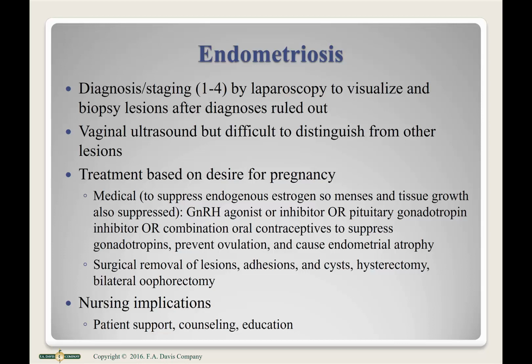So we need to get them maybe into some supportive therapy, some supportive counseling. Maybe even refer them to different resources online and things like that, where they can get support and learn about new treatments and learn about new CAM therapies that help with this.